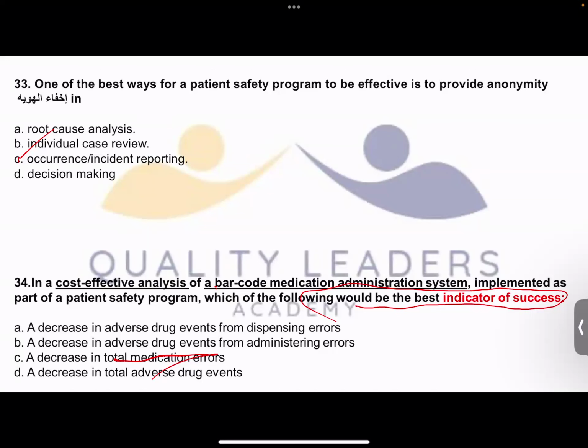Sorry to interrupt, Doc. I don't want to spend much time on this same question. But actually, the medicine dispensing is either in the form of tablets or IV infusions, but specifically barcode is used for the step of administering medications.